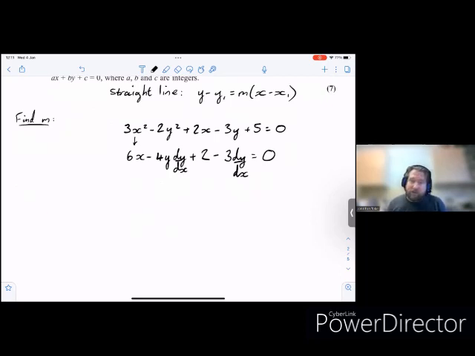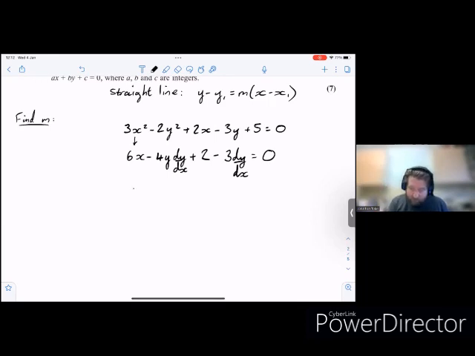So now it's time to make dy by dx the subject. So you need to do a factorization here because there's two terms that have dy by dx in them. So I'm going to add both of those dy by dx terms to the right hand side.